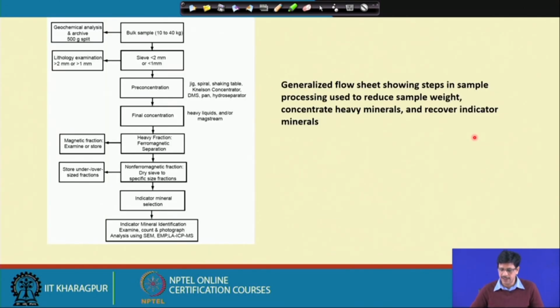So, this is a generalized flow sheet showing the steps in the sample processing used to reduce sample weight, concentrate heavy minerals and recover the indicator minerals.